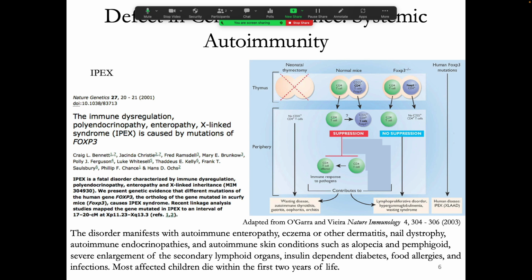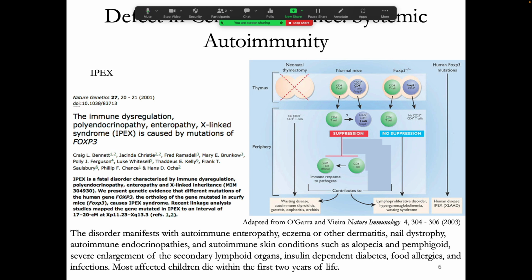IPEX actually stands for immune dysregulation, polyendocrinopathy, enteropathy, X-linked. Polyendocrinopathy is in there again. It seems like from these kinds of diseases, we realize the endocrine glands seem to be really sensitive to some of this destruction. In any case, IPEX is caused by mutations in FOXP3.